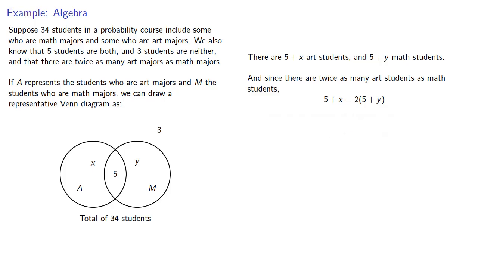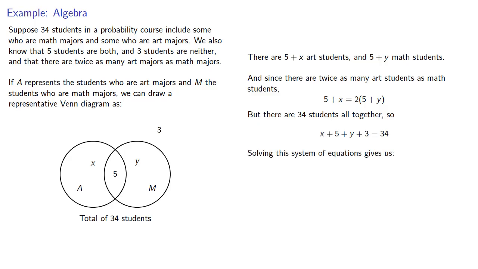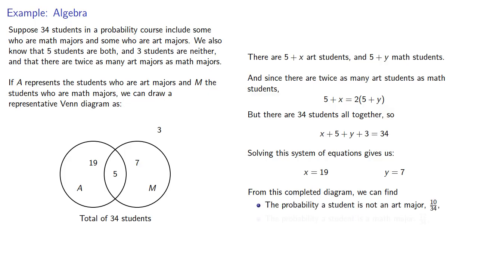But there are 34 students altogether, so if we add up all the students, we get 34. And now we have a system of equations which we can solve. And from this completed diagram, we can find the probability a student is not an art major, 10/34, and the probability a student is a math major, 12/34.